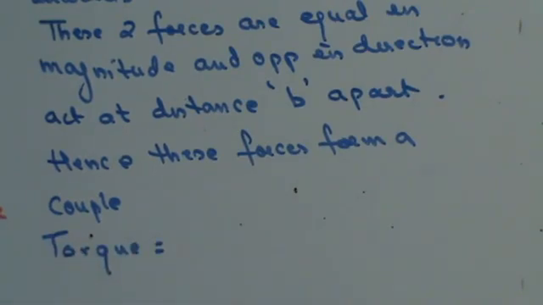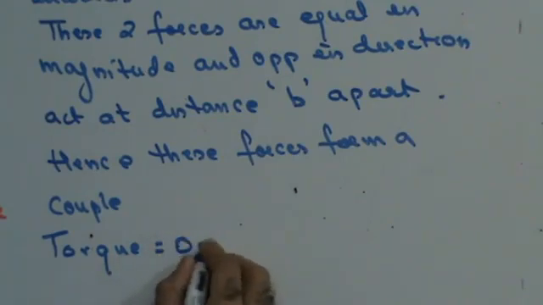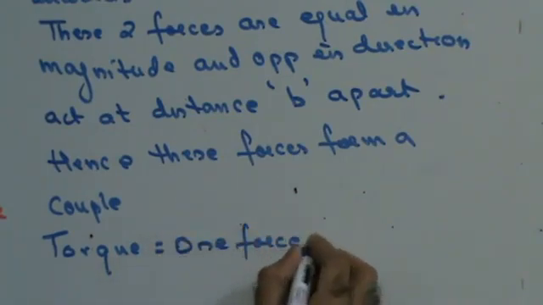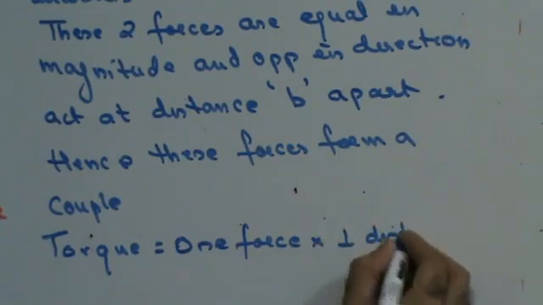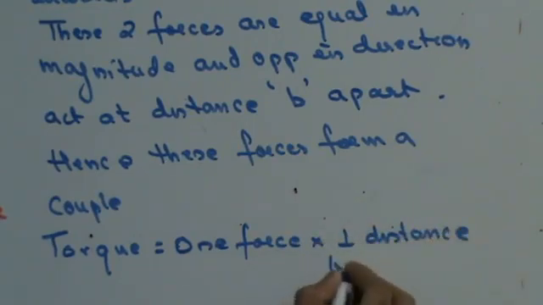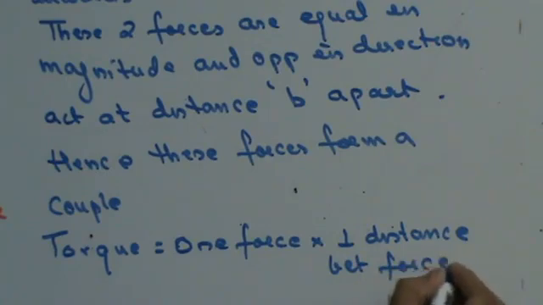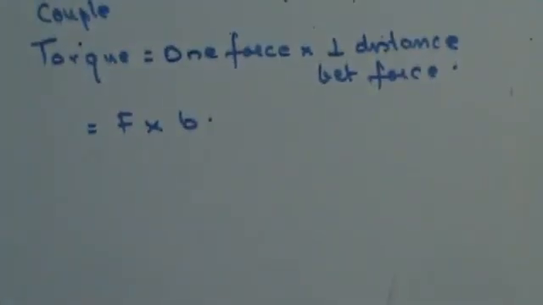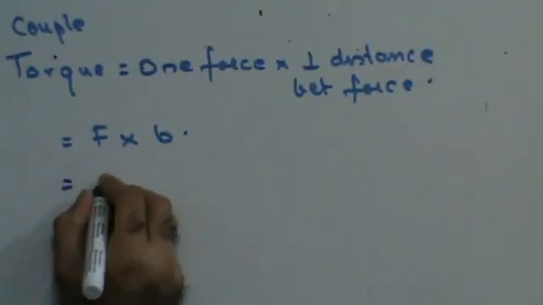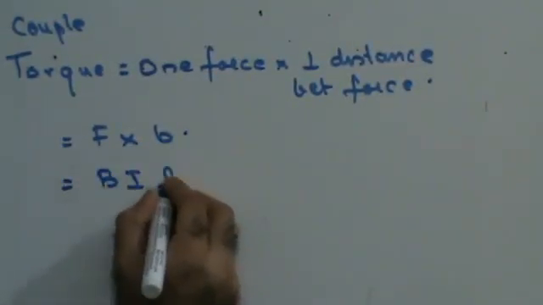Torque is given by the formula one force into perpendicular distance between the two forces. One force is F, perpendicular distance between the forces is B, but F is nothing but BIL.